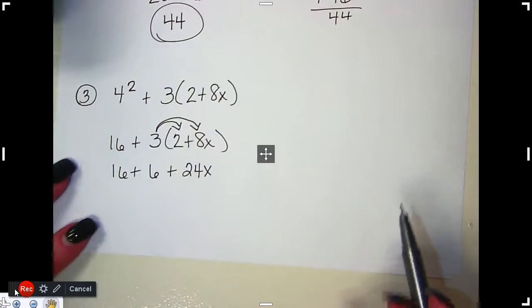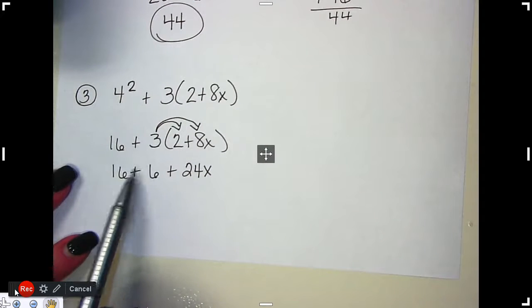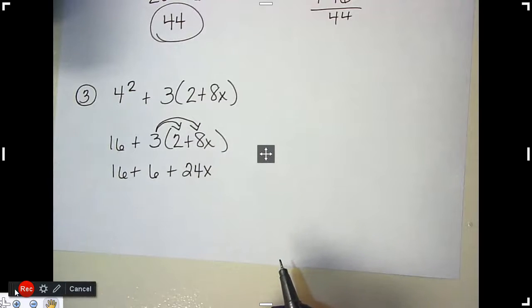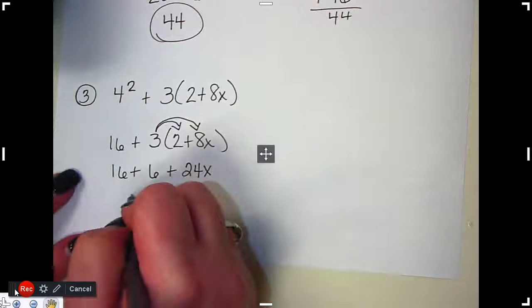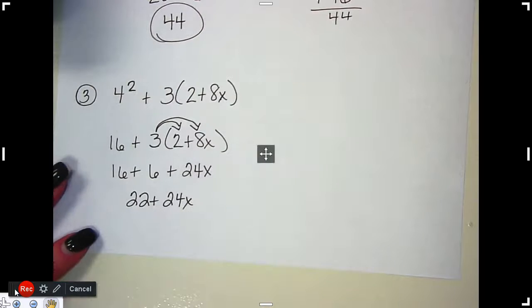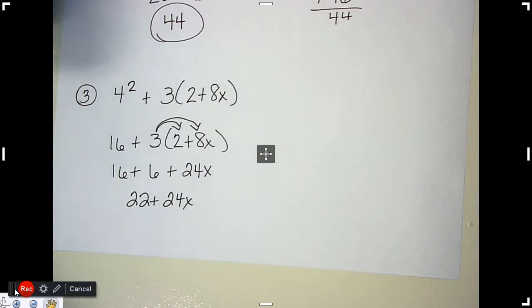And now what can I combine? 16 plus 6 is 22. 22 plus 24x. Any questions on that one?